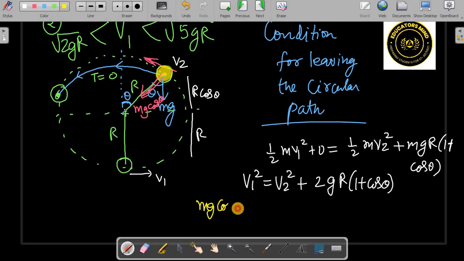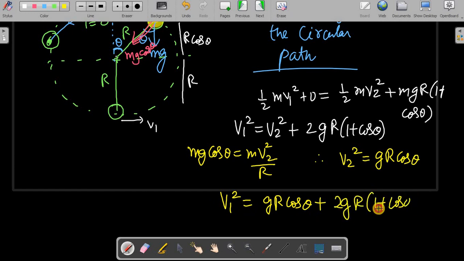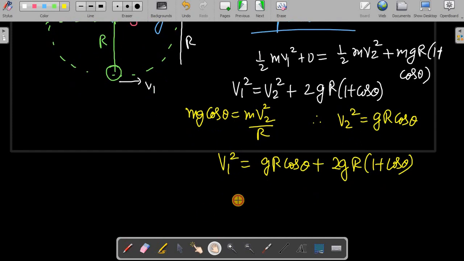So mg cos theta is equal to m v2 square by r. From here v2 square is gr cos theta. Let's substitute it here: v1 square is gr cos theta plus 2gr (1 plus cos theta). So from here we can calculate.